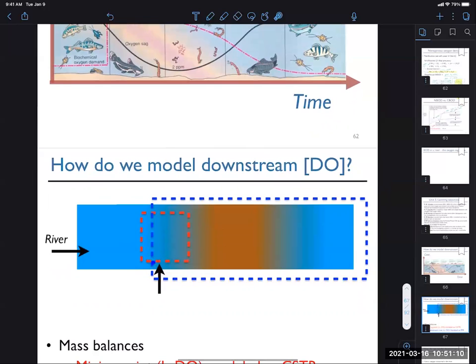The shading kind of gives you an idea of the intensity. So as the waste gets mixed in, the DO decrease is greater at a certain point and then rebounds.